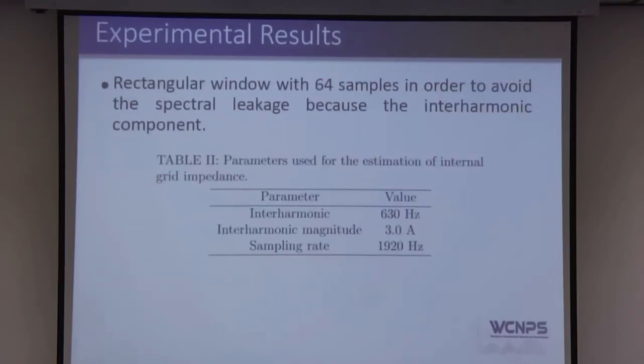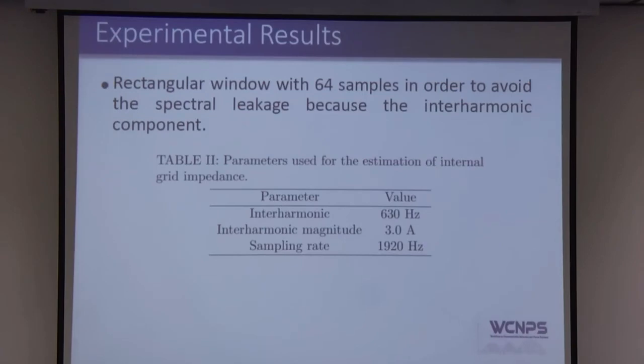The disturbance is not an integer multiple of the system fundamental, because sometimes the grid is disturbed with a lot of harmonic components. So the frequency selected was not a harmonic of the fundamental, and the window size must be large enough to be able to extract the coefficients.